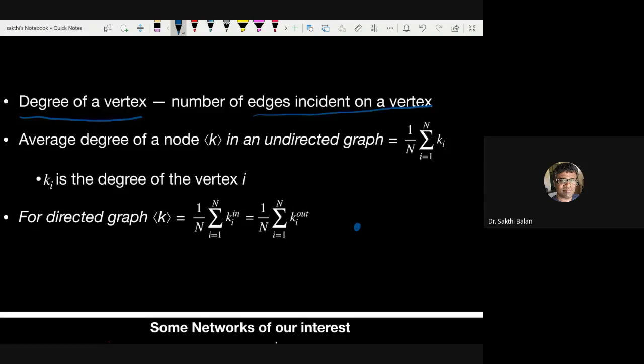Suppose I take some random graph, and I want to find the degree of this vertex V. I can see that one edge is going out of V, a second edge, a third edge, and a fourth edge. So the degree of V is equal to 4.